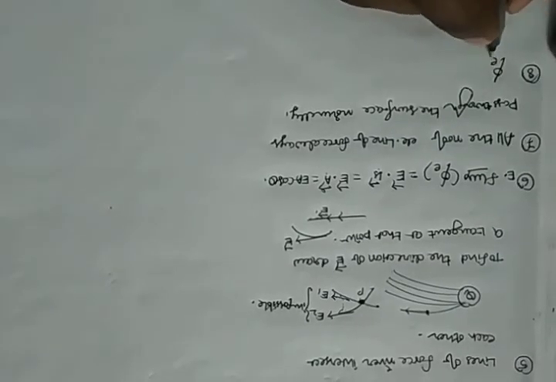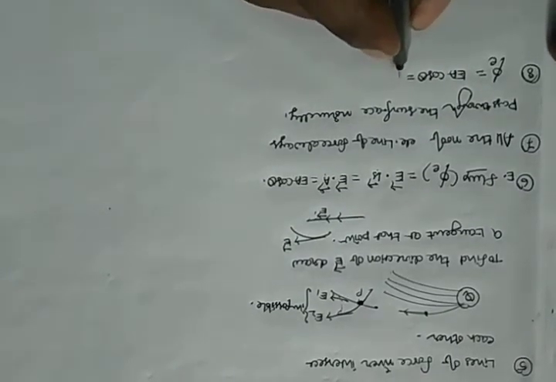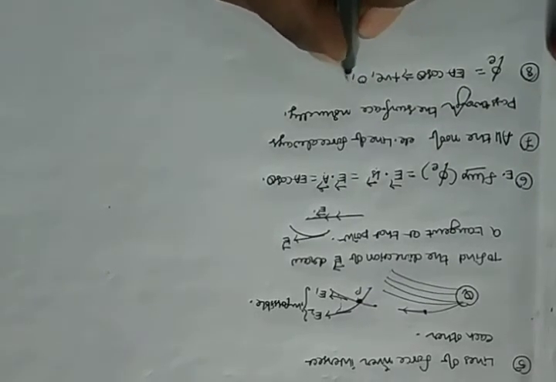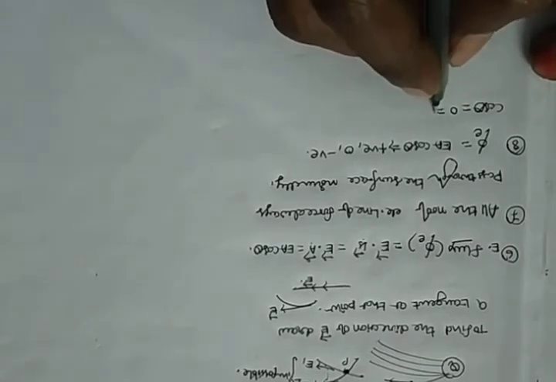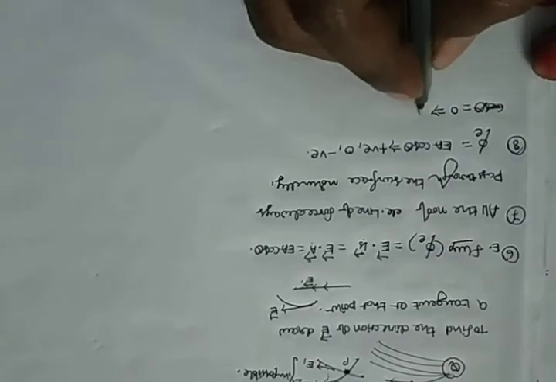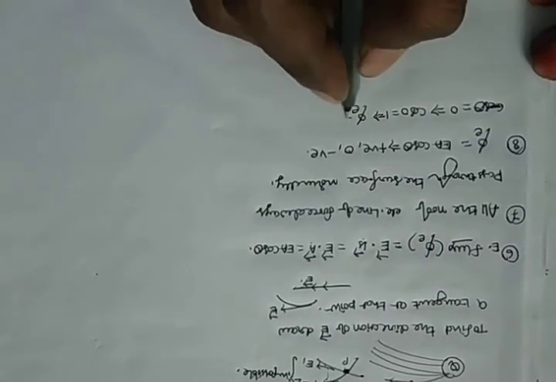From that, the total flux EA cos theta may be positive, zero, or negative. If theta is equal to 0, cos 0 equals 1, then phi E is positive.